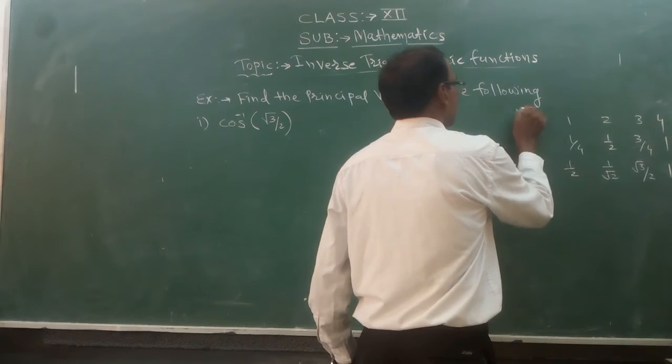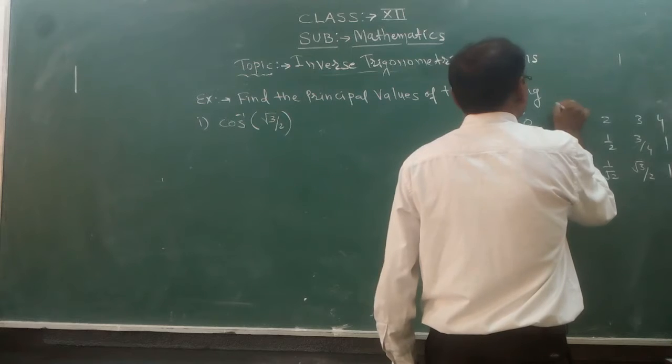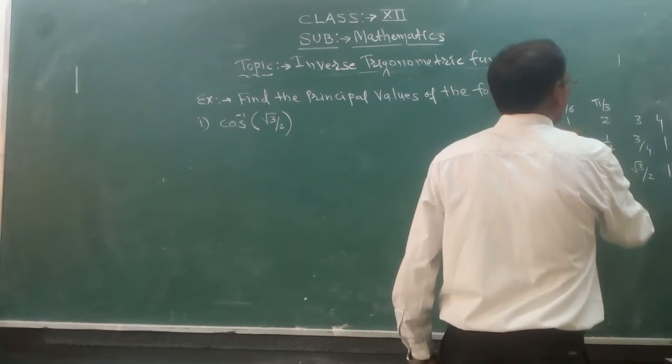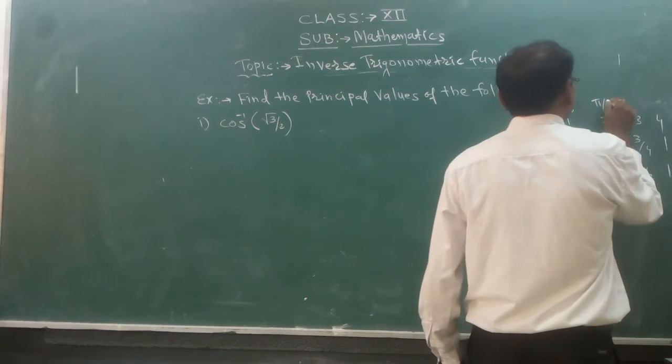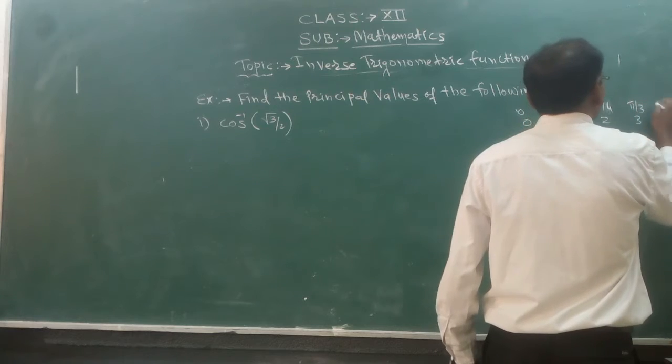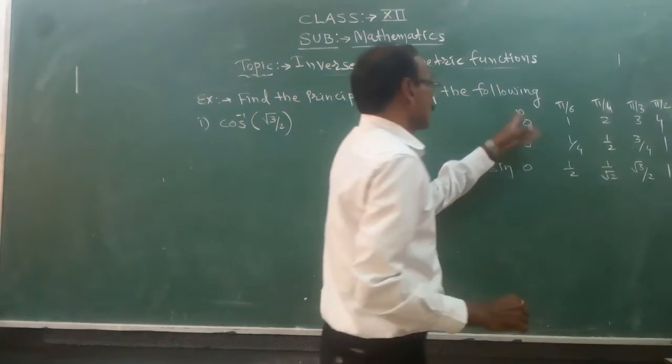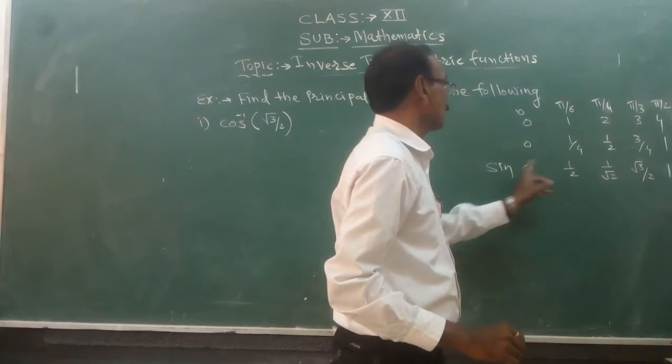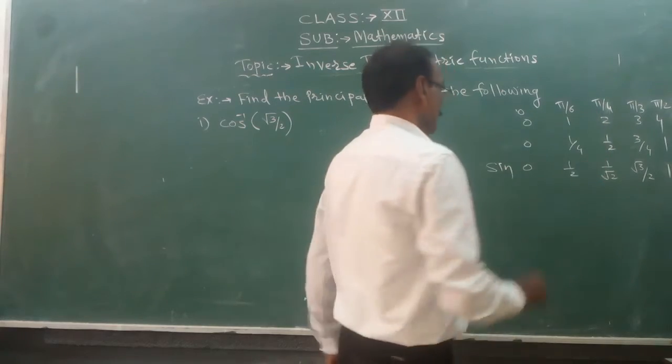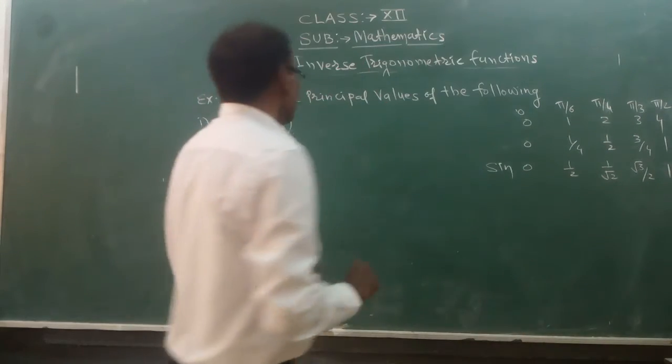The values are for 0, then pi by 6, pi by 4, pi by 3, and pi by 2. Sin 0 is 0, sin pi by 6 is 1 by 2, sin pi by 4 is 1 upon root 2, like that, and then root 3 by 2.